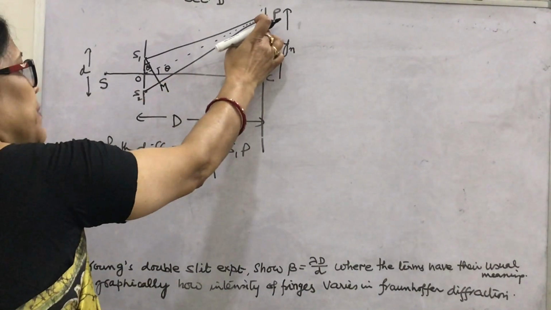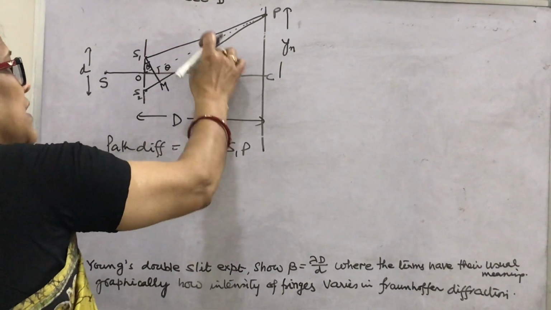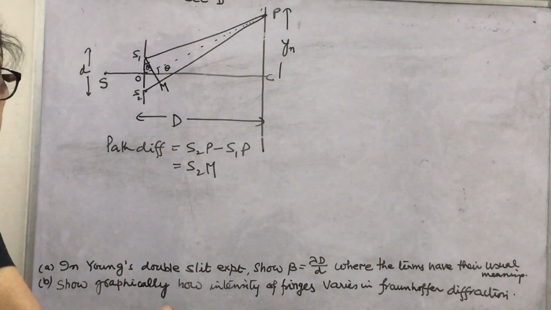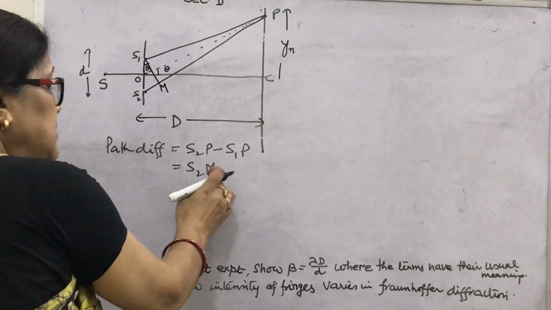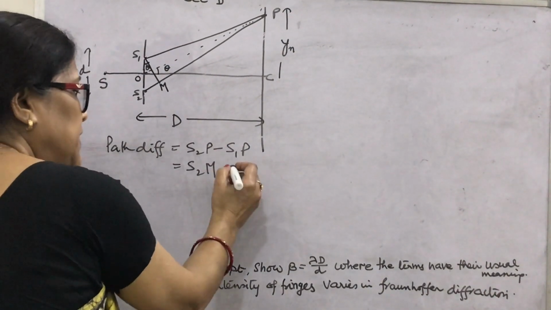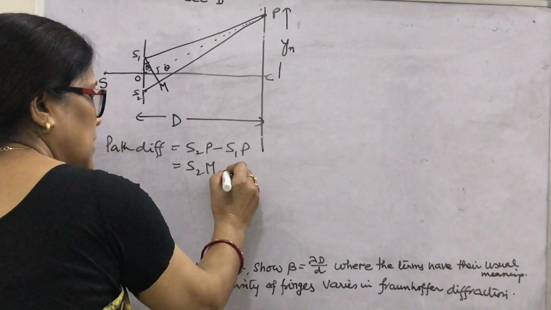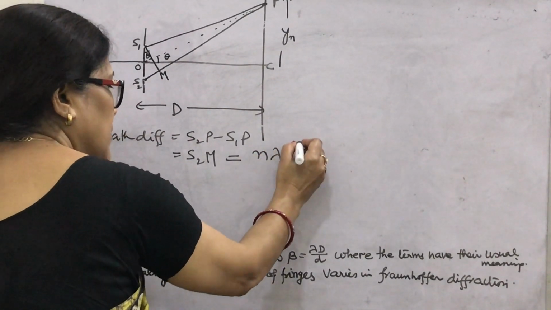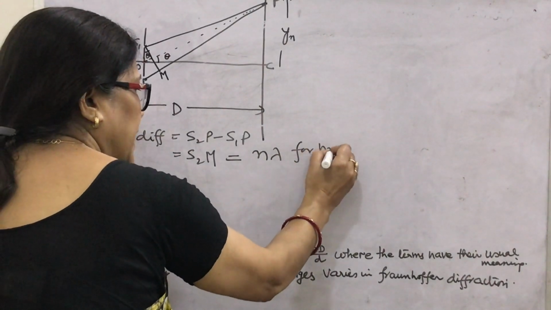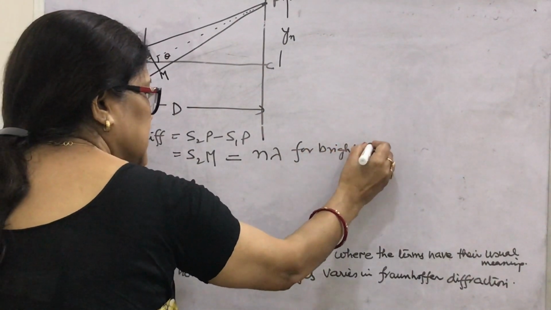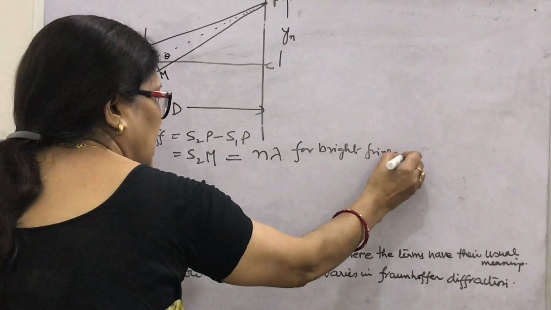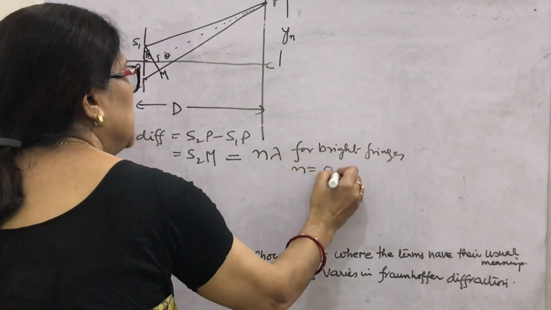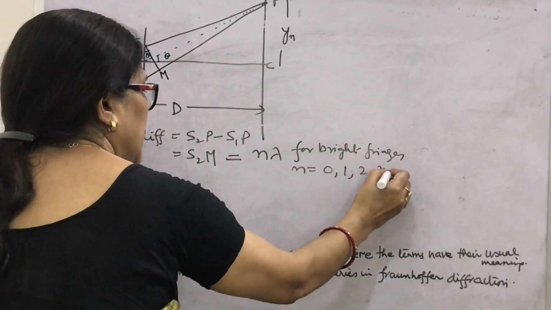Look, for point P, S1 and M are at the same distance. Also, this path difference is given by n lambda for bright fringes. Learn the condition, where n is 0, 1, 2, 3 and so on.